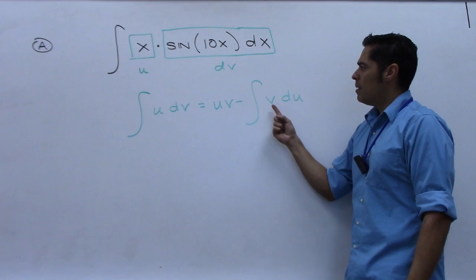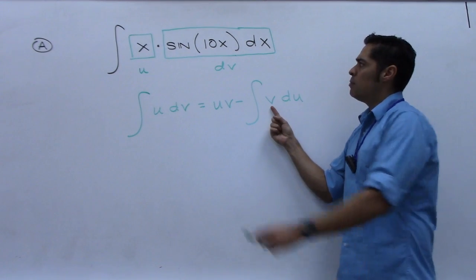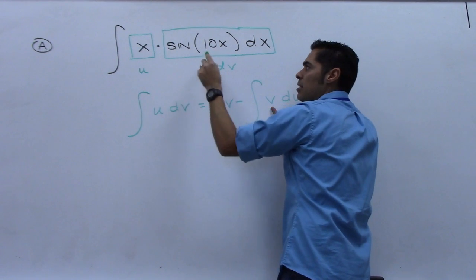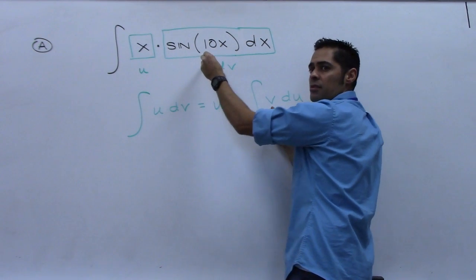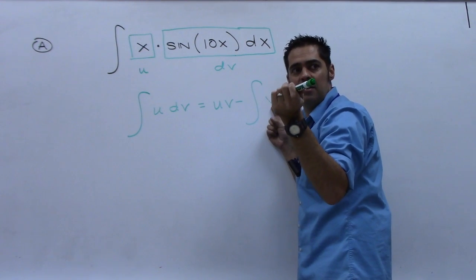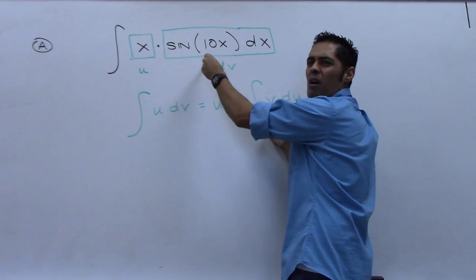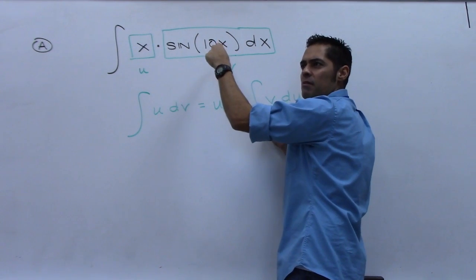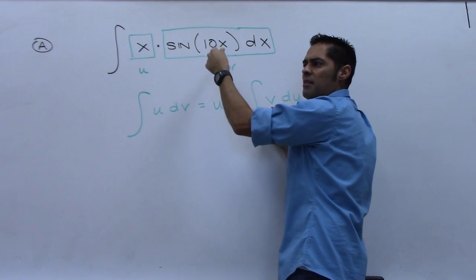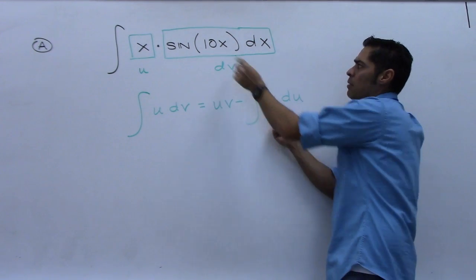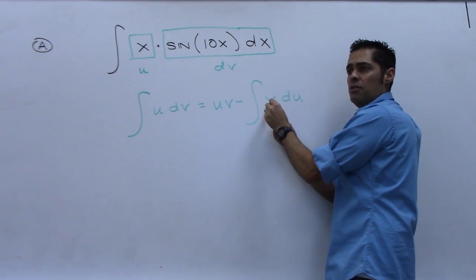In the new integral, we would have v, which means you would need the antiderivative of just this, right? Can you tell me the antiderivative of just this? You just asked about that, right? Sine pi t just a second ago? This is the same problem as that, except sine 10x, right? So you could do this, right? Negative 1/10 cosine 10x, right? So you're comfortable with putting the antiderivative of that here, aren't you?